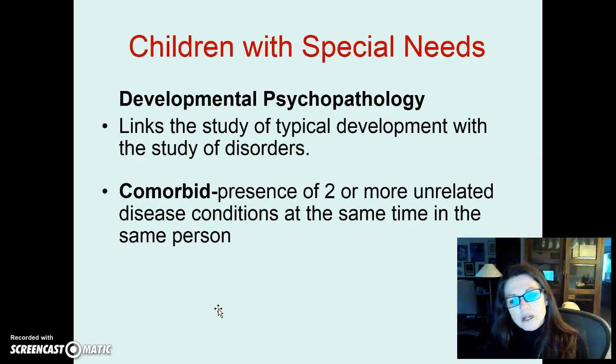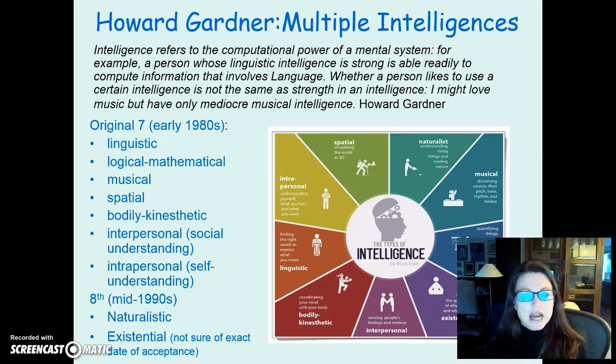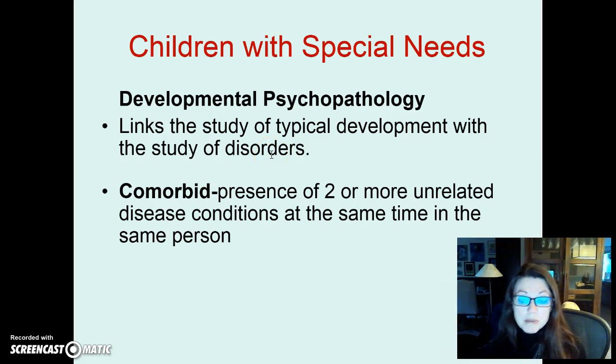And also we talked about Gardner's intelligences and his 9 types, which I'm hoping you can also find a little bit of time to do that personal assessment, at least to answer the questions for yourself. All that is optional, for sure. But now we're talking about children with special needs in this 6 to 11 time period. As they go to school, some of these things start to expose themselves more.